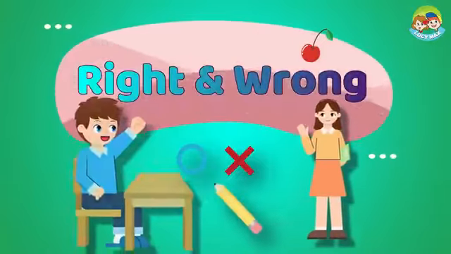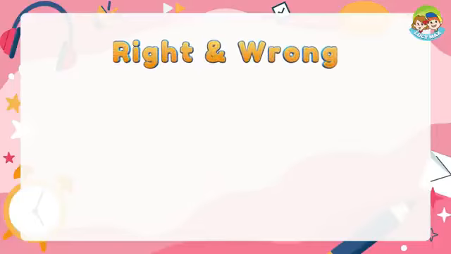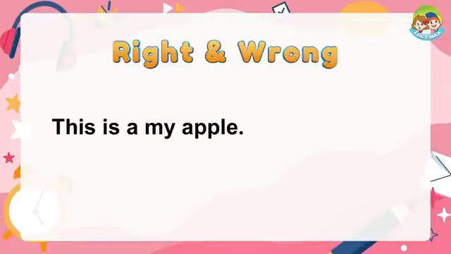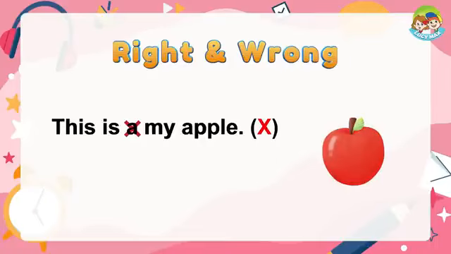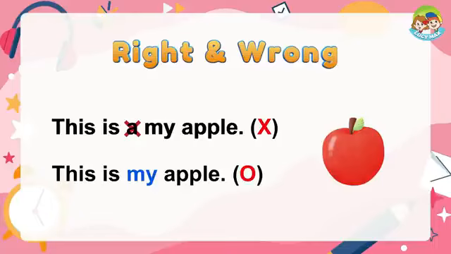Right and wrong. Now for the right and wrong section. This is my apple. We don't use a with possessive adjectives. This is my apple.